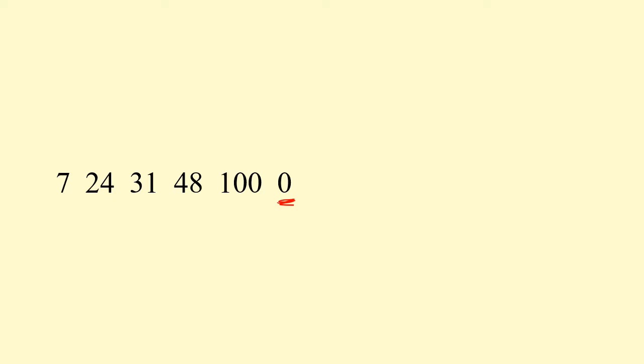So let's put these numbers in order. Okay, that was easy. We just put that 0 down at the bottom. Let's do the mean first this time. We've already totaled these numbers, and we know that that 0 isn't going to change the total. But what we do need to do, so the total is 210, but instead of 5 people, we now have 6 people.